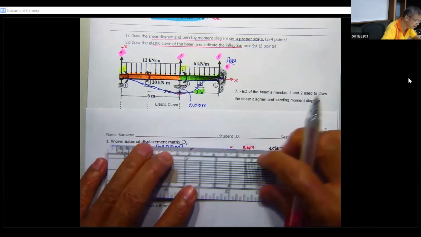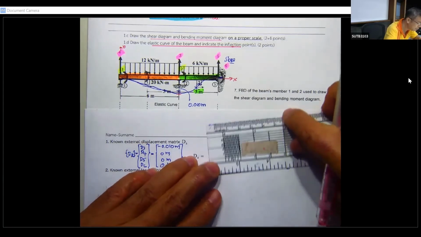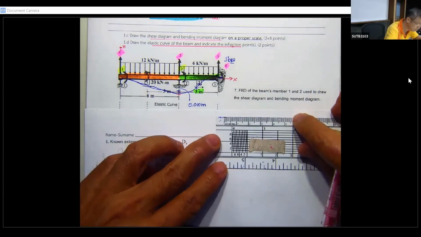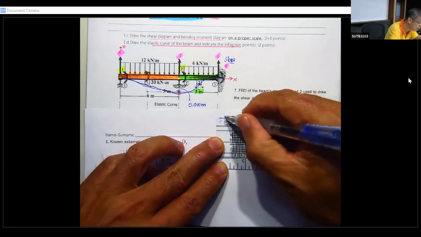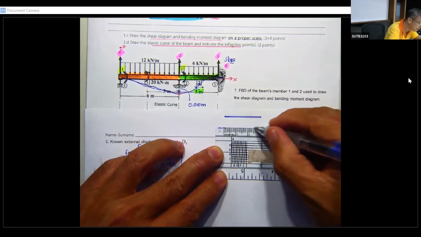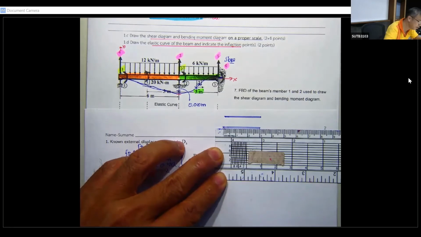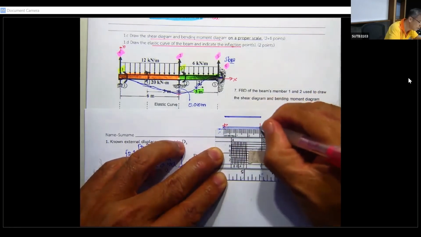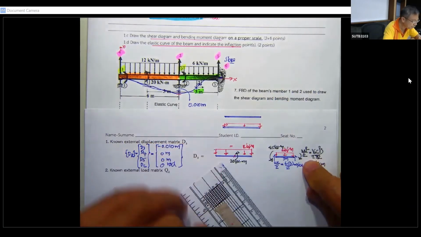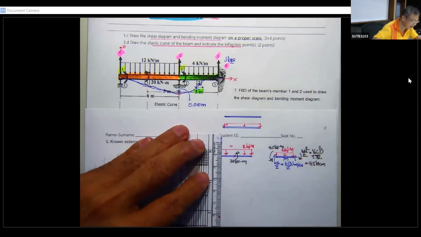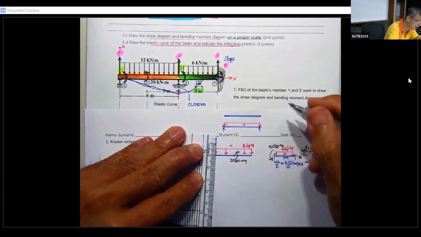But for this one, the load separates into 2 portions. The first one is due to the moment over the top of this, and the second one is due to the uniformly distributed load. Let me work on the uniformly distributed load first, so it's going to be easier, and then we'll combine them later. Again, we have the fixed end shear.